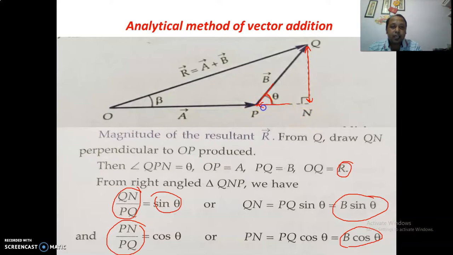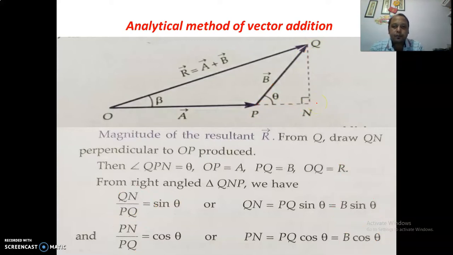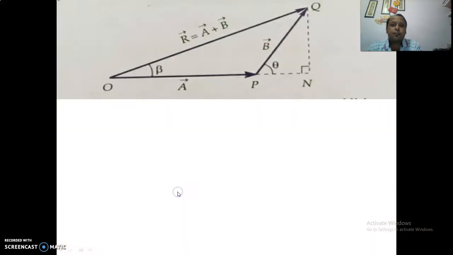We have calculated QN, which is B sine theta, and PN, which is B cos theta. Okay. Now what we actually are willing to find is the magnitude of R, which we need to calculate.